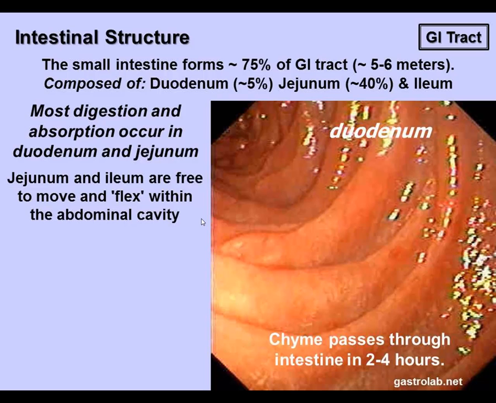The rest of the GI tract, 25% of the GI tract, is the large intestine, the esophagus, and the stomach. Okay. Most of the digestion and absorption happens at the duodenum and the jejunum.